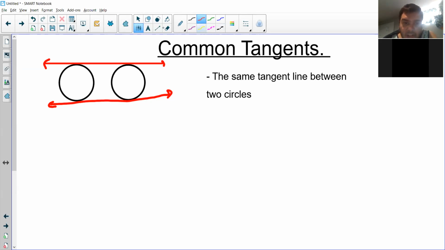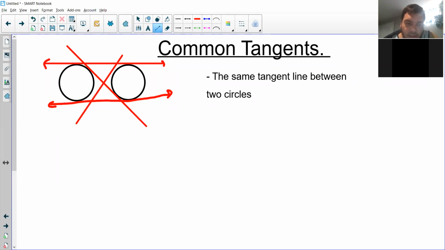You could technically have a tangent line like this, kind of going across this way. And you could have a tangent line like this.